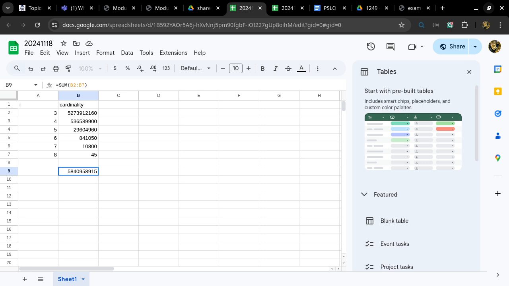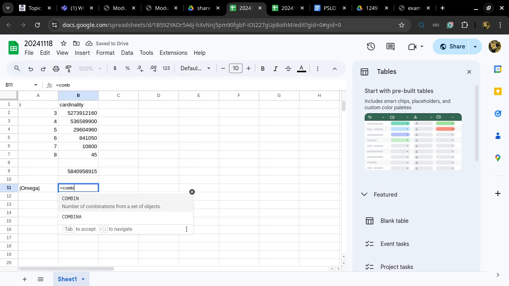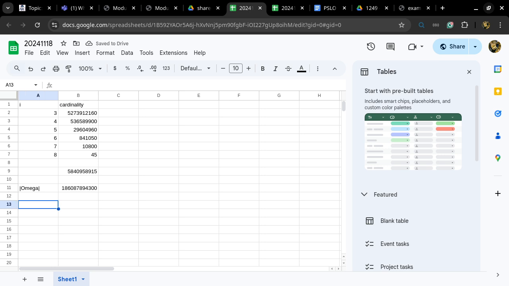So the next thing we need to do is to look at the cardinality of omega. The cardinality of omega, which we talked about already, is really just 100 choose 8, because that's how we choose 8 to sample. So that's this number. And now the probability is just the ratio between these two.